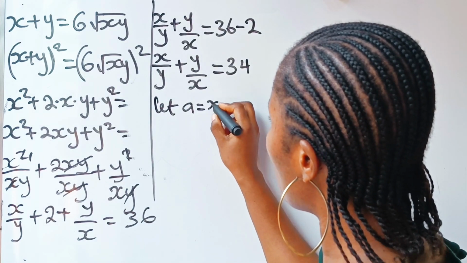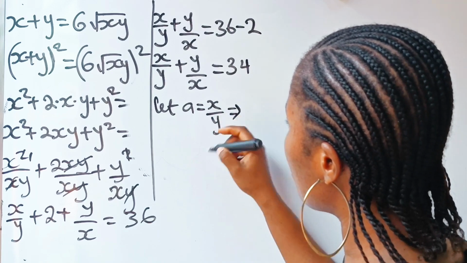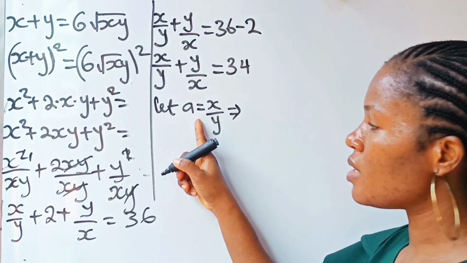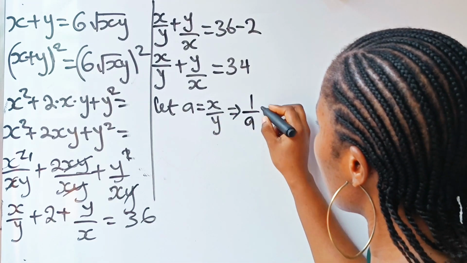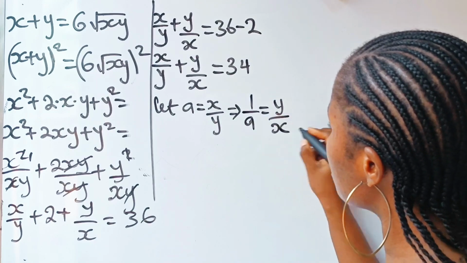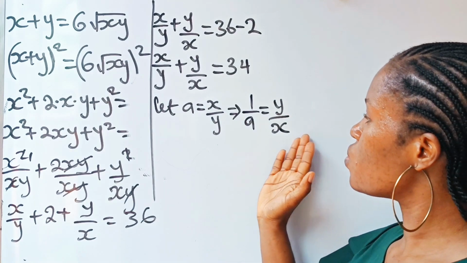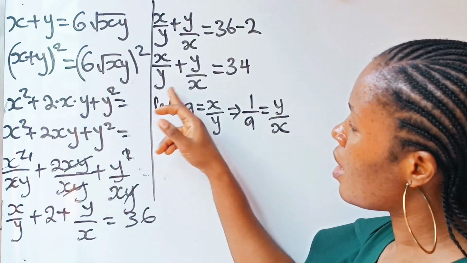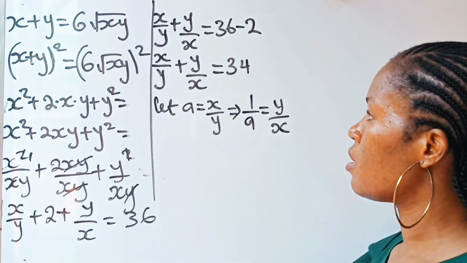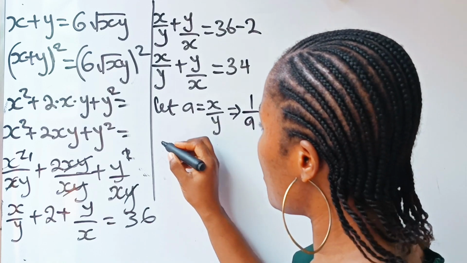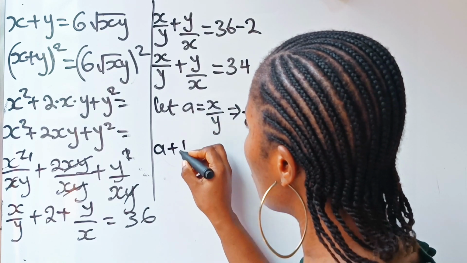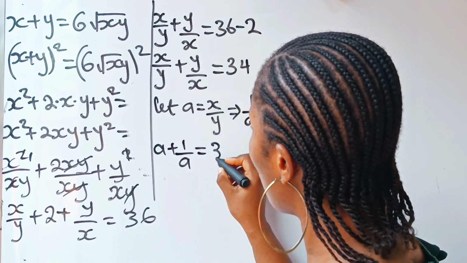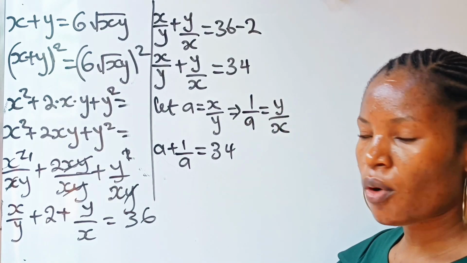Let a be equal to x over y, and if that is possible, that simply means that 1 over a is equal to y over x. Now I want us to rewrite this in this form. So this is a and this is 1 over a. So we can now say a plus 1 over a is equal to 34.